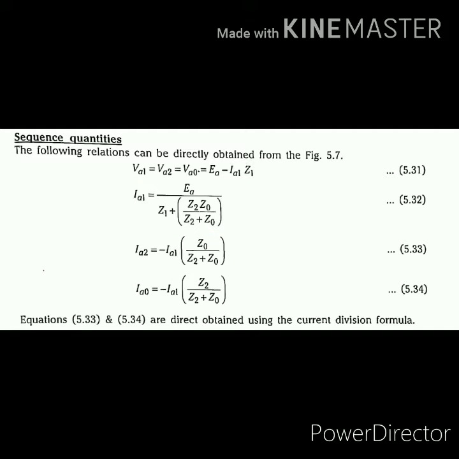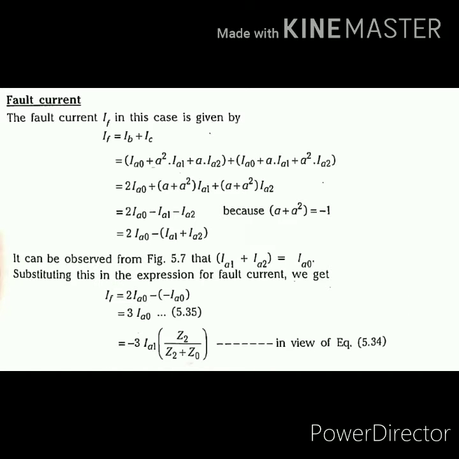And IA2 is equal to minus IA1, since it should have been in the opposite direction, so we have taken it as negative. Basically here we are applying the current division formula and we have got all the sequence currents.